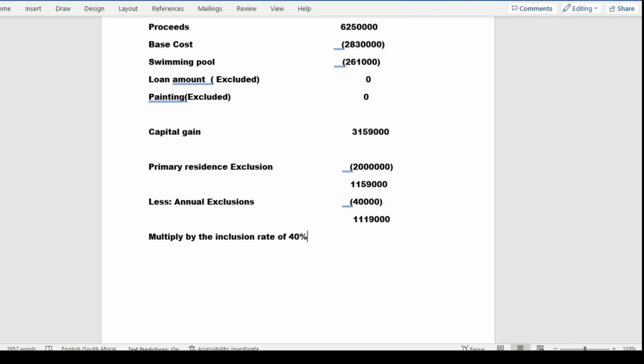How much is 1,119,000 multiplied by 40%? 447,600. That's your taxable capital gain. 447,600, right? Yes. Okay. Capital gains tax.